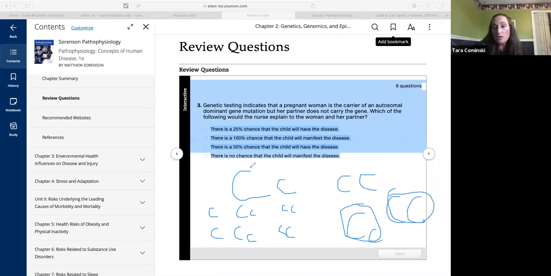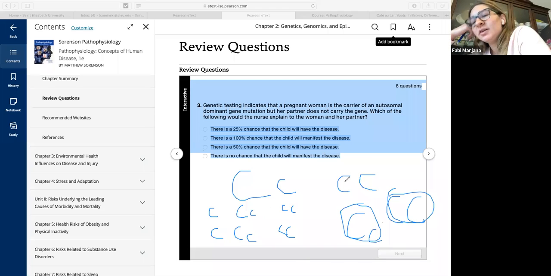The dominant allele is the normal allele, so it sort of masks or compensates for that recessive allele. If the disease is autosomal dominant, like it says here, and you have this heterozygous genotype, having just one dominant allele means you have the disease. Does that help?